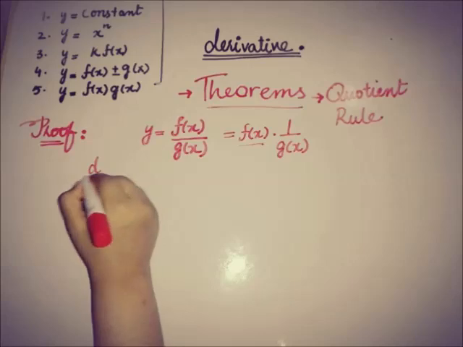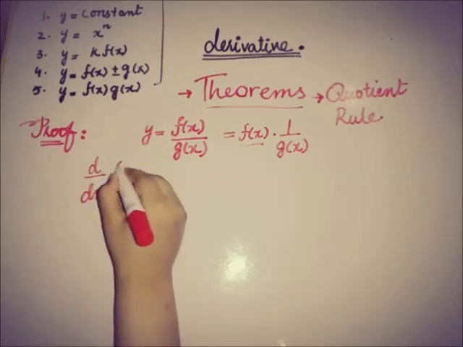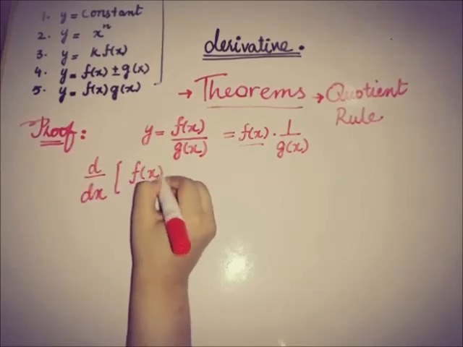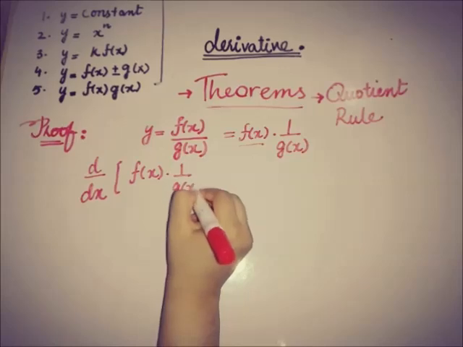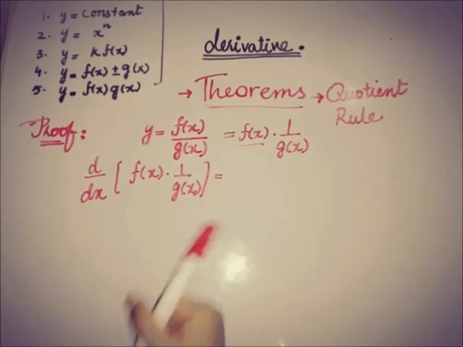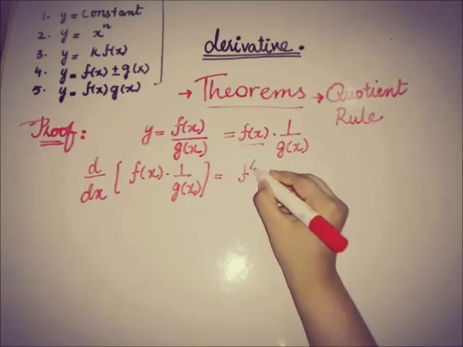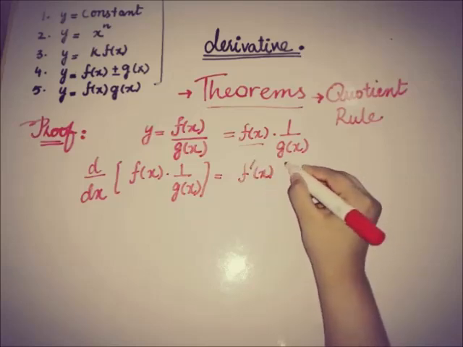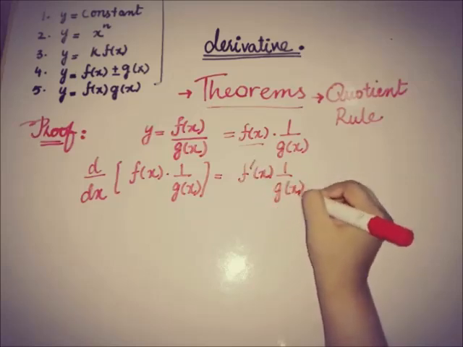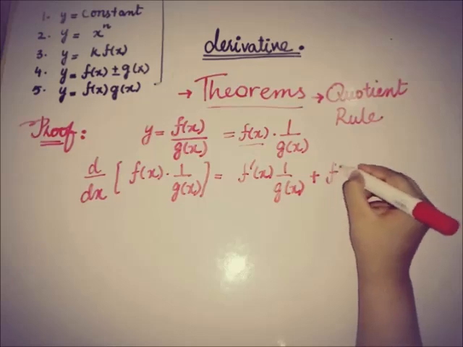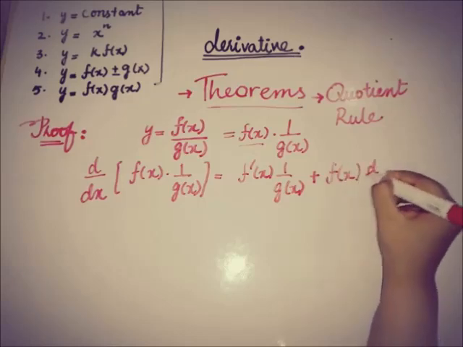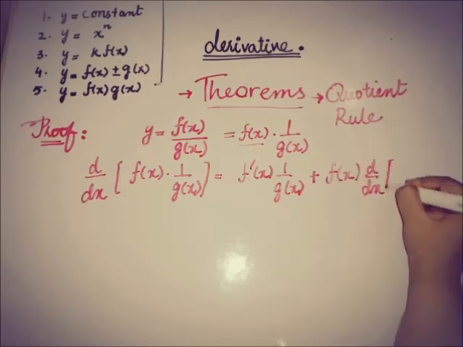That is d by dx of the function. By using the product rule, we can say the rate of change of the first function, then the second function as it is, plus the first function as it is, and the rate of change of the second function.